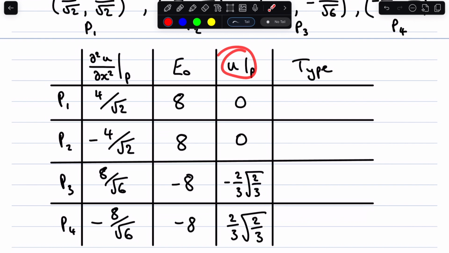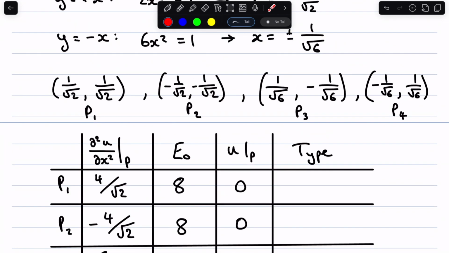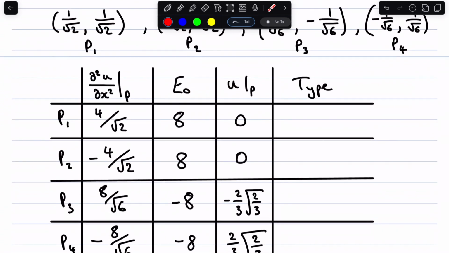And then I have the value of the function at the point. So this is representing at the point P, where P is our P1, 2, 3, and 4, which are these 4 points. And then I'll write out the types with you. We can work out which is which.